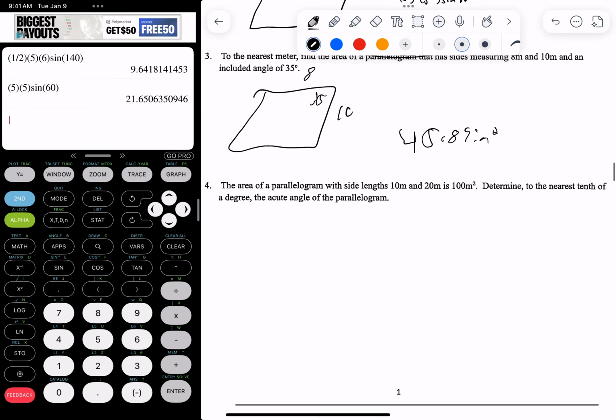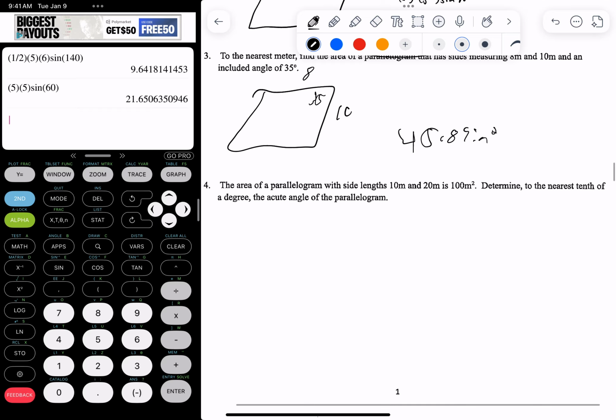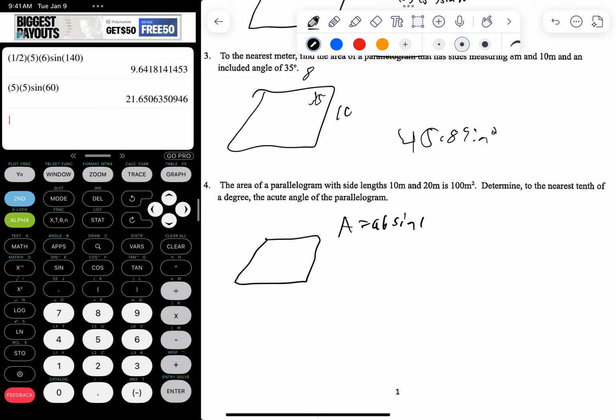Area of a parallelogram with side lengths. Okay, so now this is where it gets fun. We have A equals AB sine C. Here, let's draw this out, by the way, to make it simpler.